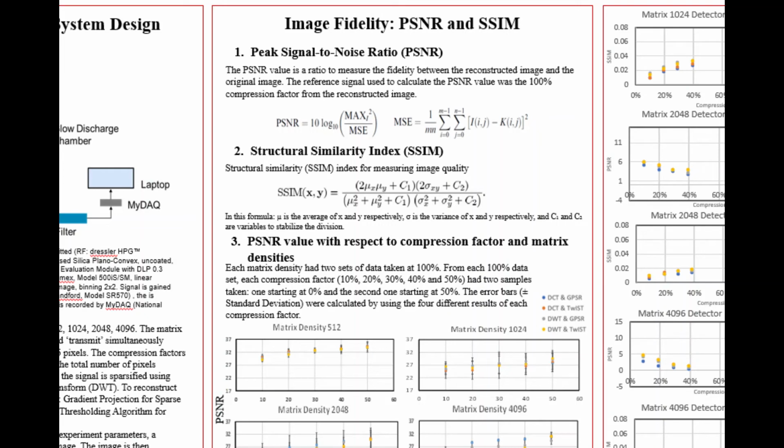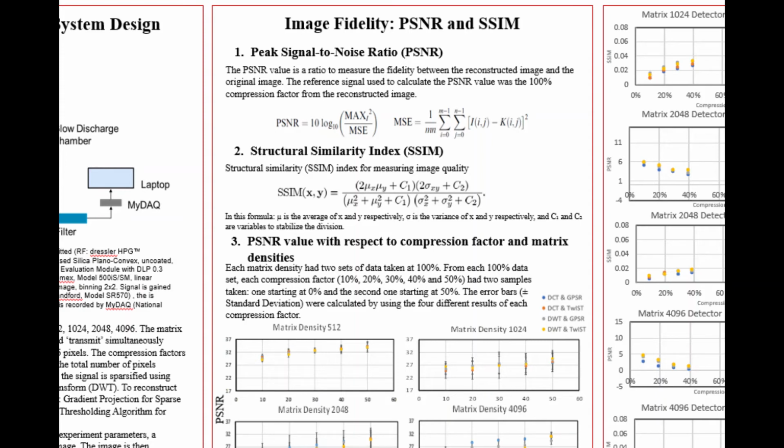As mentioned before, the image fidelity is measured using the peak signal-to-noise ratio. The PSNR equation compares intensity values of the reconstructed image and the reference image pixel by pixel. For the experimental results, we utilized the 100% compression factor as a reference image, and for the simulations, we used the original cameraman image.